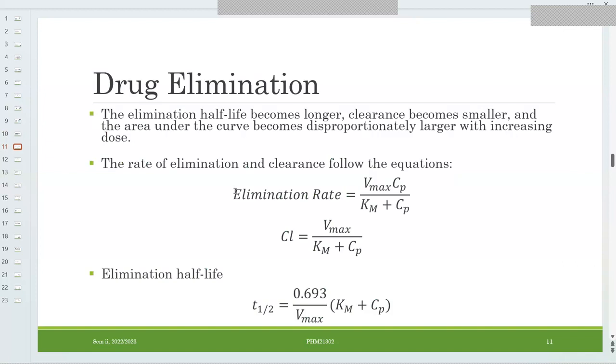The equation we use here is: elimination rate equals Vmax times Cp divided by Km plus Cp, the same. From this one we can derive that the elimination rate divided by Cp is equal to clearance.